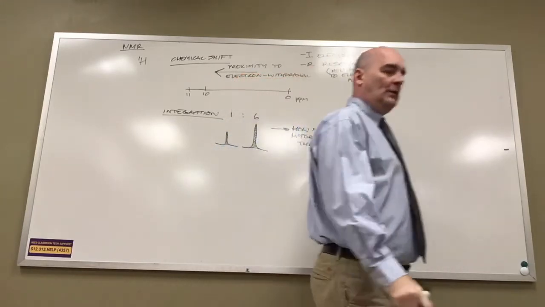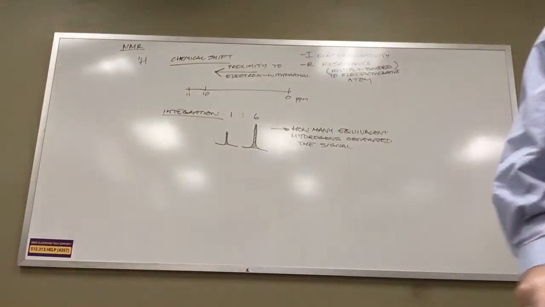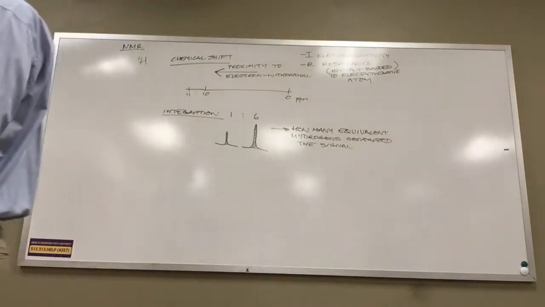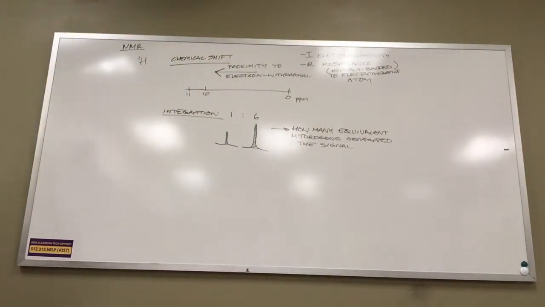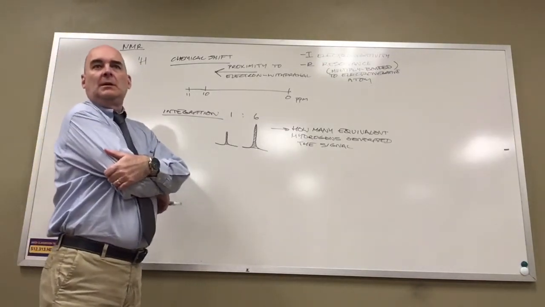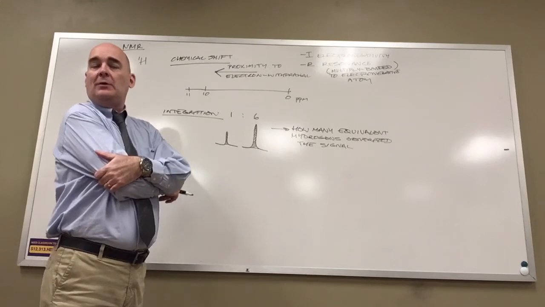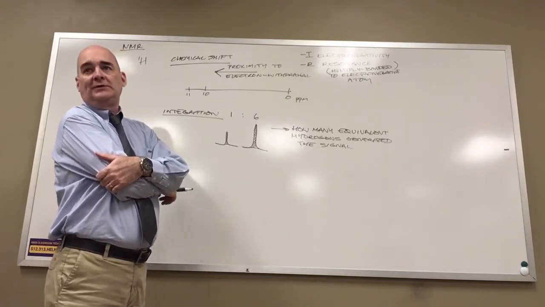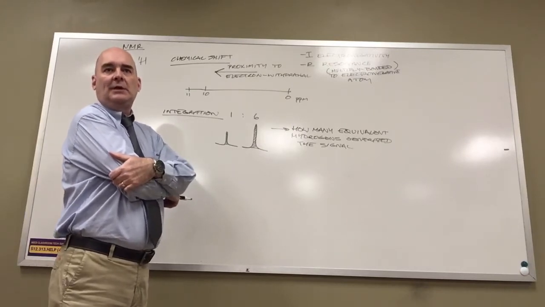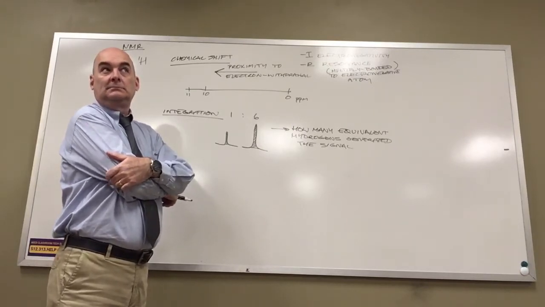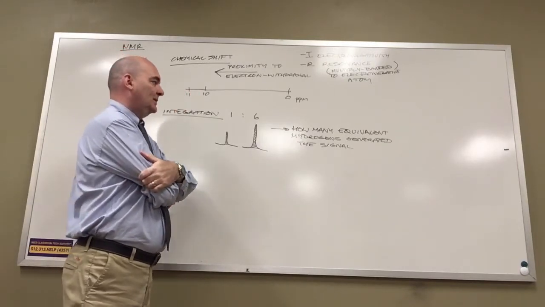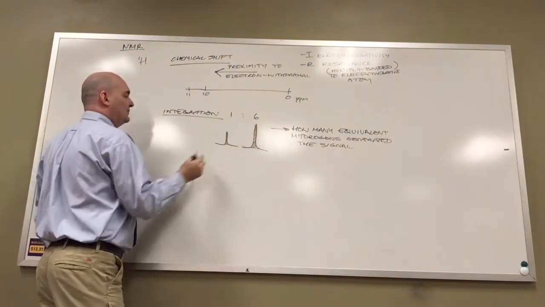So one of the things that we'll look for in a structure is how many of the hydrogens are in unique positions and how many of the hydrogens in the structure are equivalent. Like all 3 hydrogens in a methyl are going to be equivalent to each other. So methyls give rise to signals that have an integration, a physical size to the signal, that has 3 hydrogens in it.